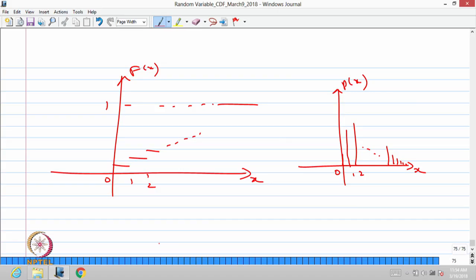Therefore, you have countably infinite jumps in the CDF. One can visualize that the limiting case of a binomial distribution is Poisson distribution. So, that is the connection between Bernoulli distribution, binomial distribution and Poisson distribution.